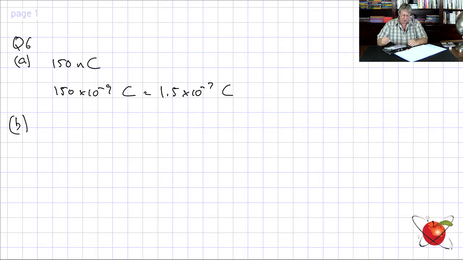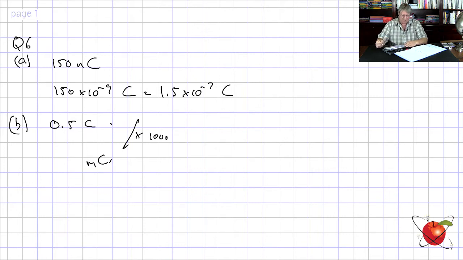B, 0.5 coulombs, 2 millicoulombs, 0.5 coulombs. So where do we want to be? This is coulombs. We want to go down to millicoulombs, don't we? So if we're going from coulombs down to milli, what do we have to do? We are going down, so we're going to multiply, and we're going down 3 steps. So times by 1,000.